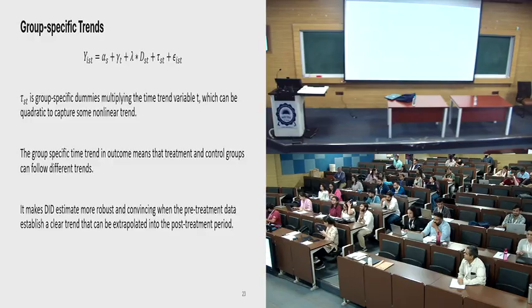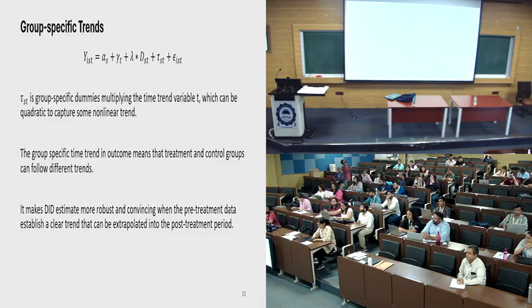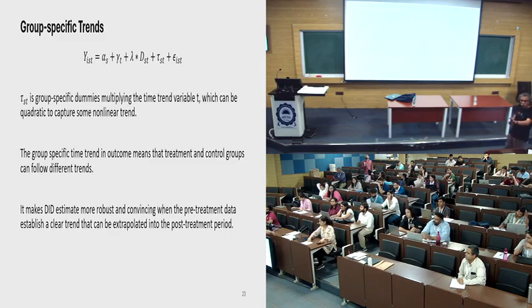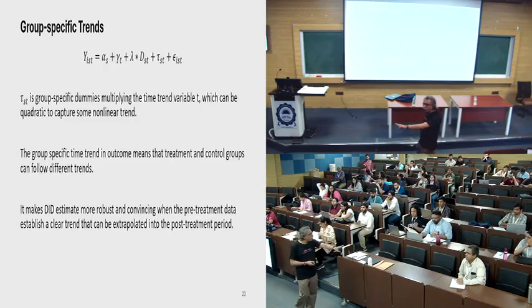So the next issue that we want to talk about is the group specific trend, right? So the way we want to think of that, I can have something like a group following a particular trend. If you belong to this income quartile, you will follow one trend. If you belong to the other, you will follow another trend.